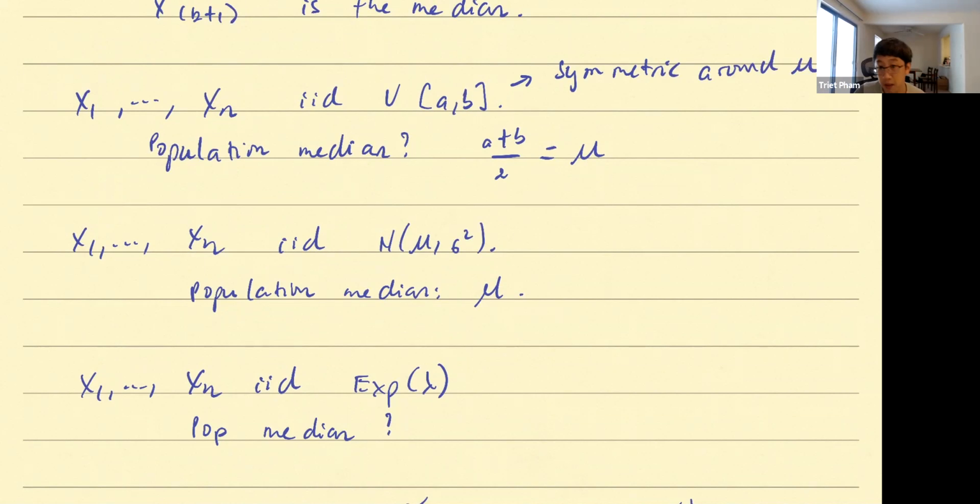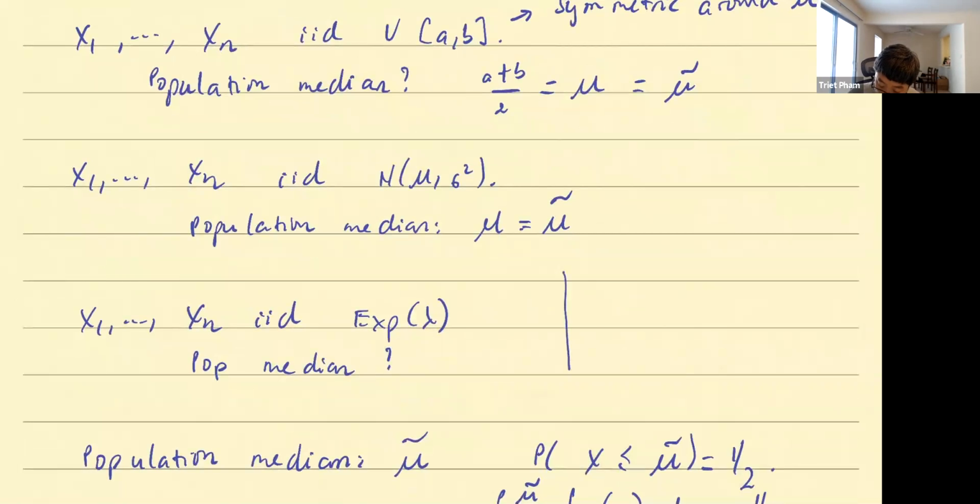Because they're symmetric, 50% is below mu and 50% above mu, so mu and mu tilde coincide. But obviously, for a non-symmetric distribution, which the exponential clearly is, that's not the case.